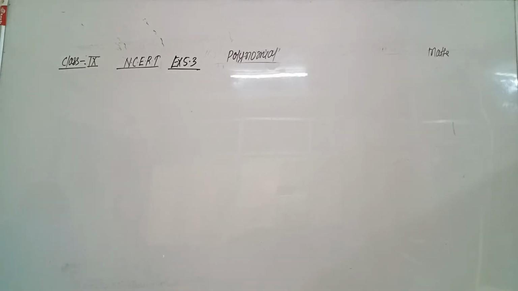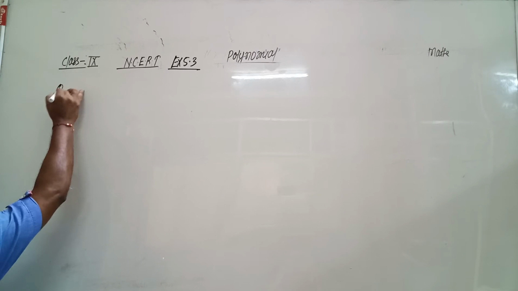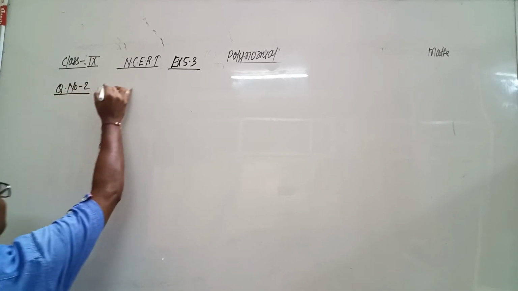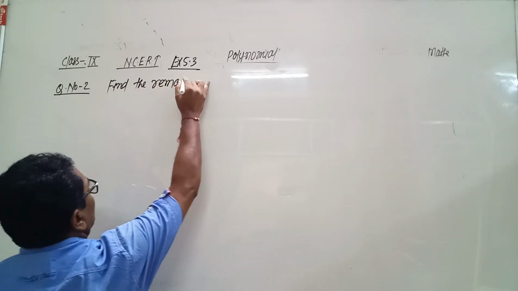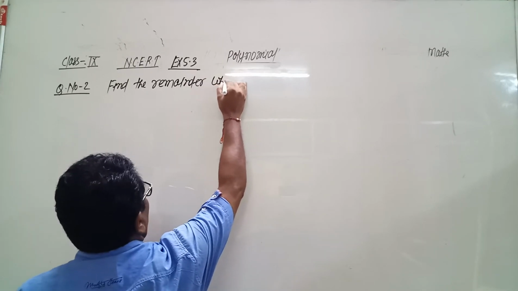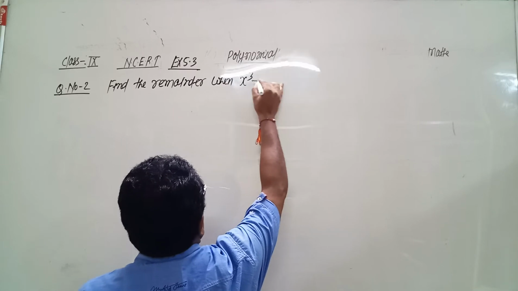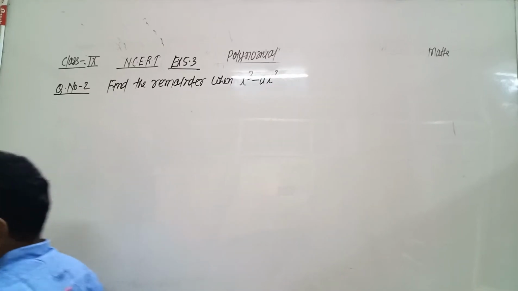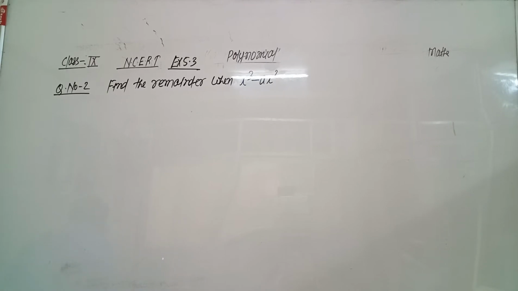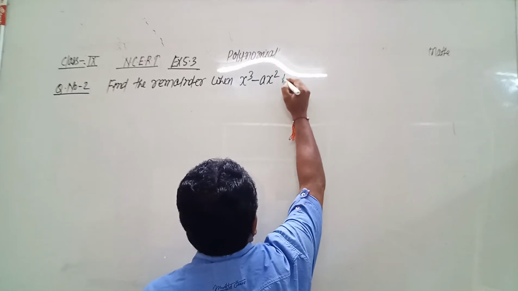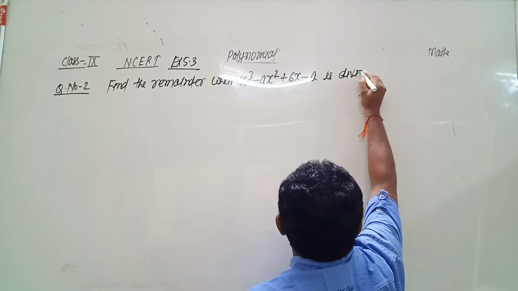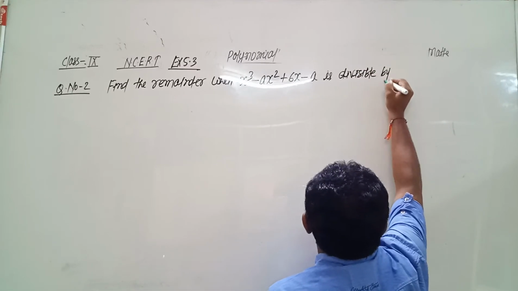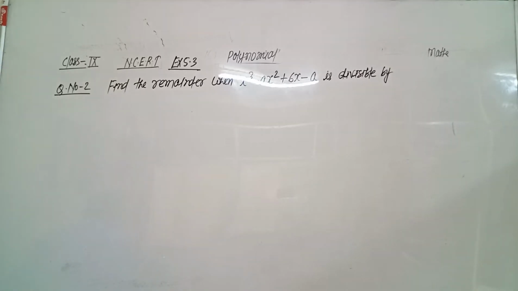The next question is, find the remainder when x cube minus ax square plus 6x minus a is divisible by x minus a.